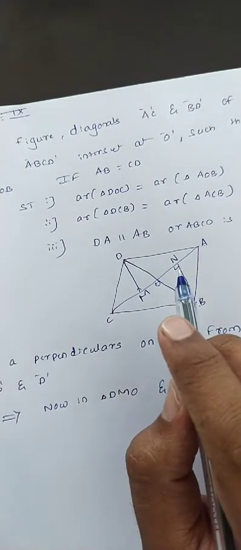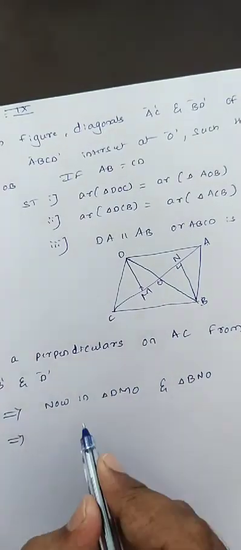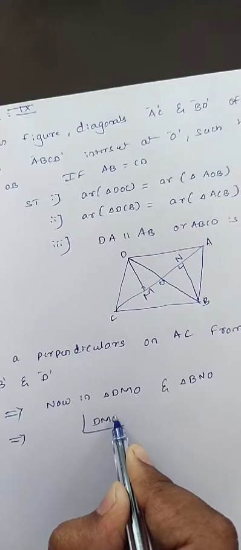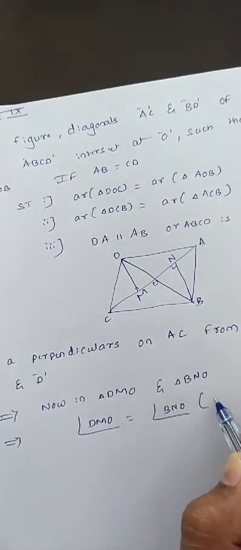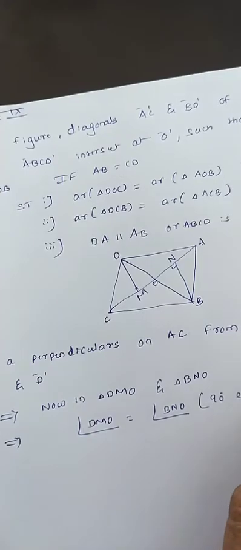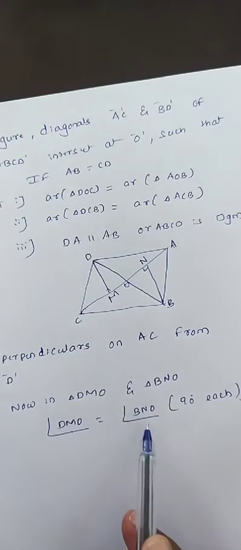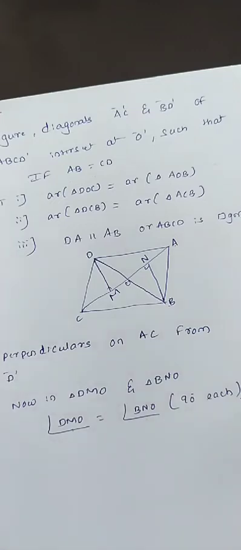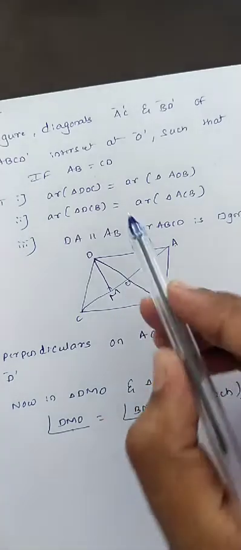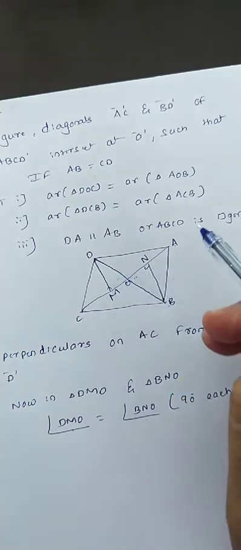So what we can write is angle DMO is equal to angle BNO. Why? Because they are 90 degrees each. Second, angle DOM is equal to angle BON, because both are vertically opposite angles.